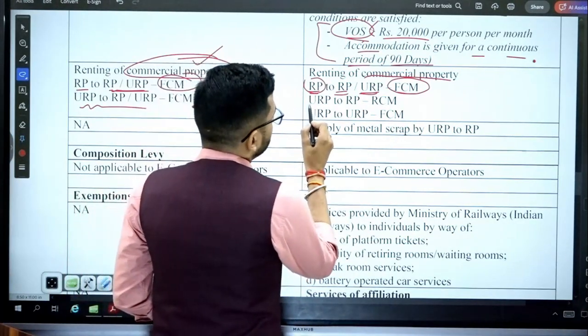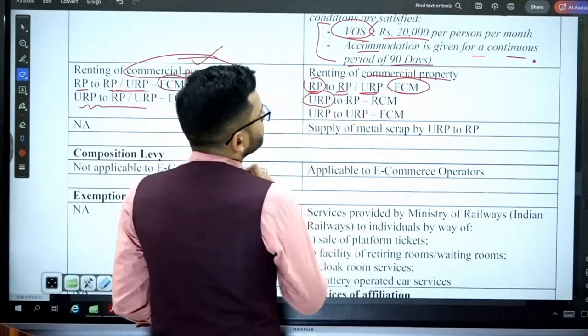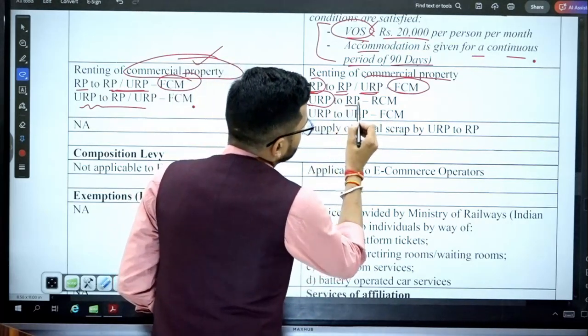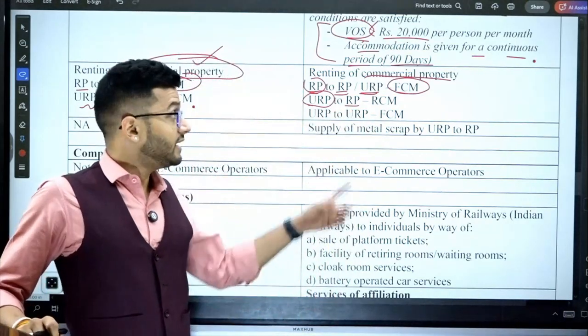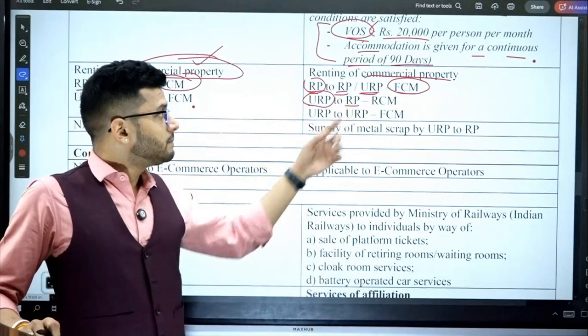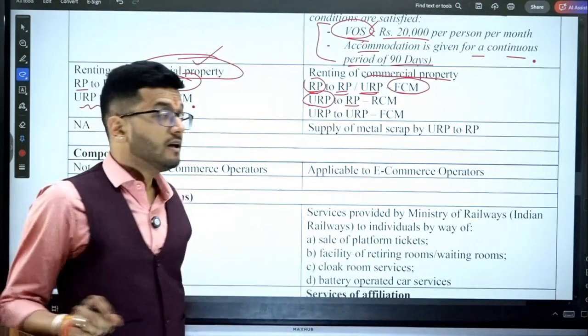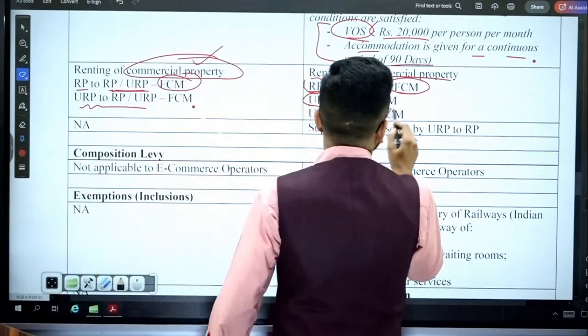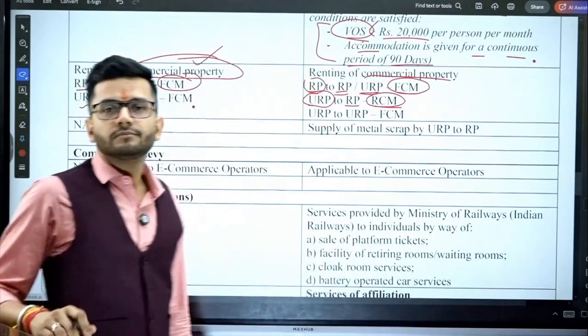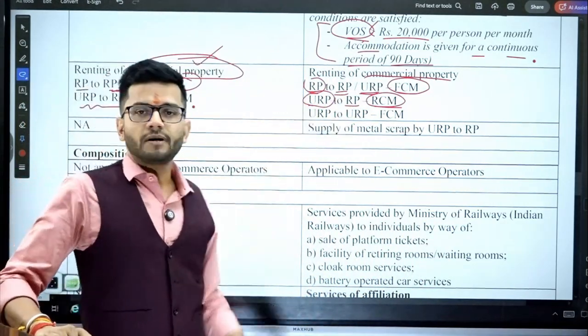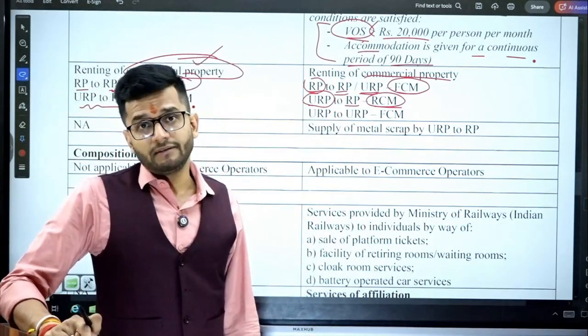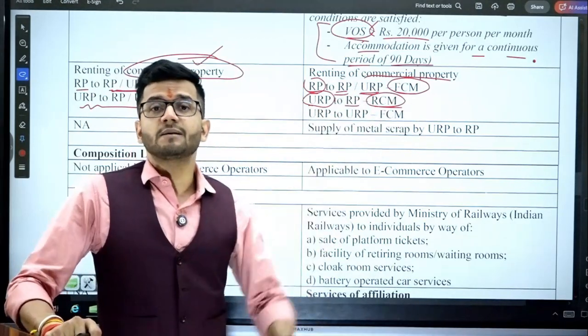Now the question arises: when an unregistered person gives a commercial property to a registered person, then again GST should be paid under RCM. Under the reverse charge mechanism, the registered party should be levied the GST. Why should the registered party be exempt from GST?